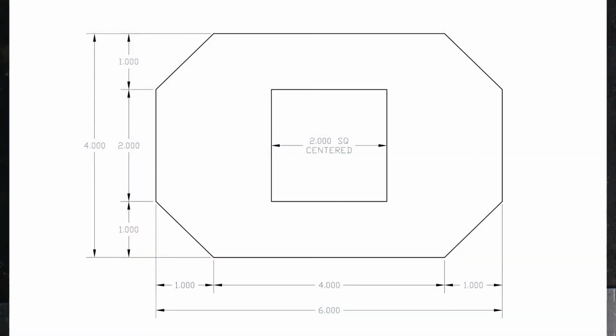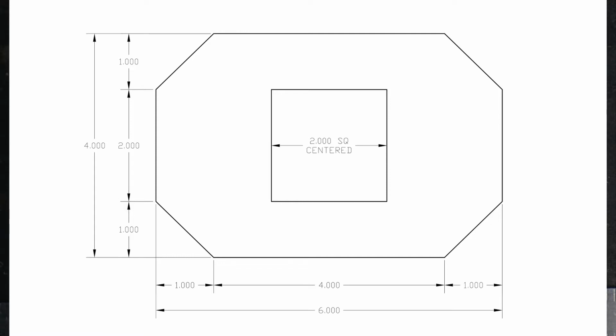Taking a look at our original drawing, we can see that the measurement for our square is 2 inches square, meaning it is 2 inches by 2 inches. And that object is centered on the entire part. So we first need to locate the center lines and create those reference lines.